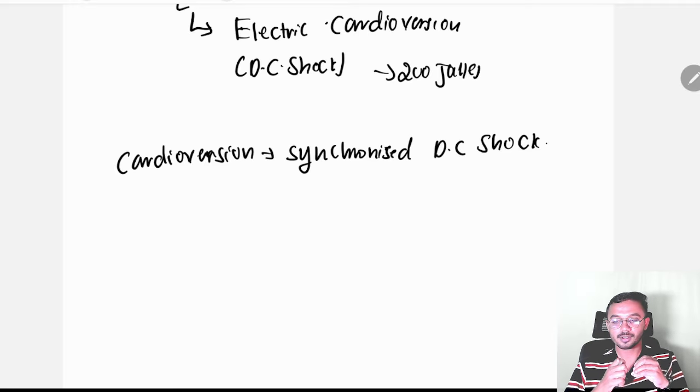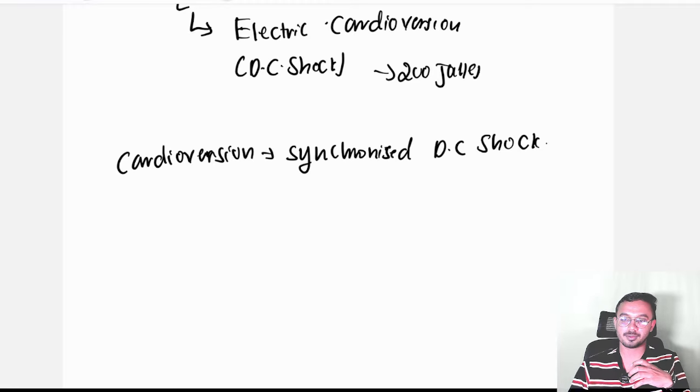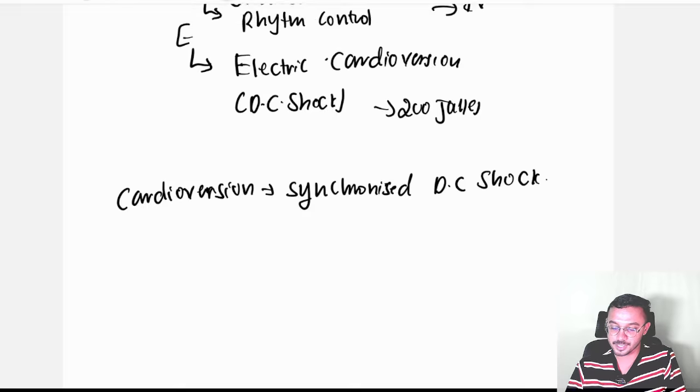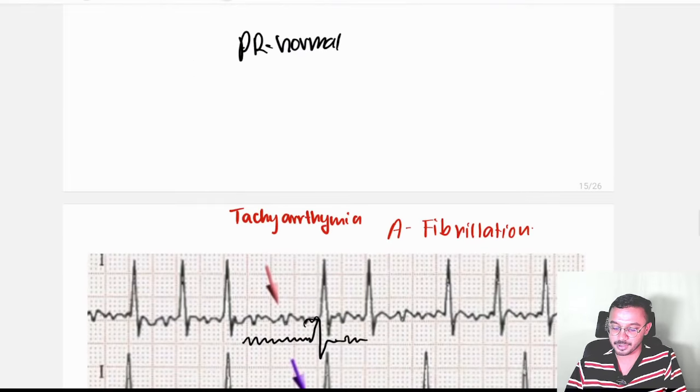When you attach the ECG monitors and the defibrillator paddles, the computer itself identifies the rhythm and delivers the shock particularly on the R wave. If the rhythm is identified and it delivers the shock on the R wave, that is known as synchronized DC shock.